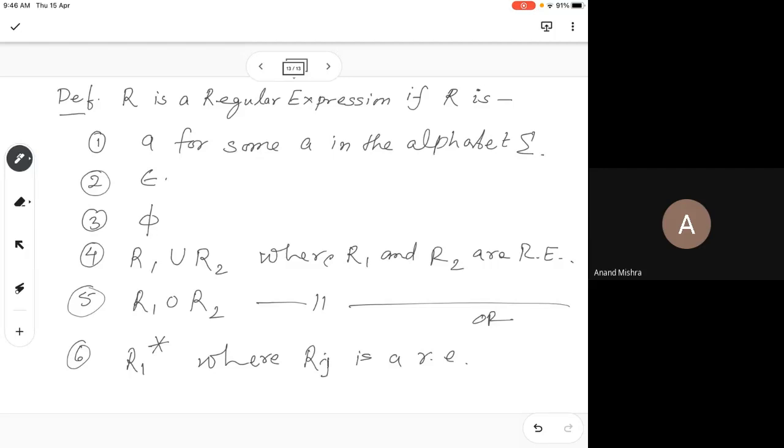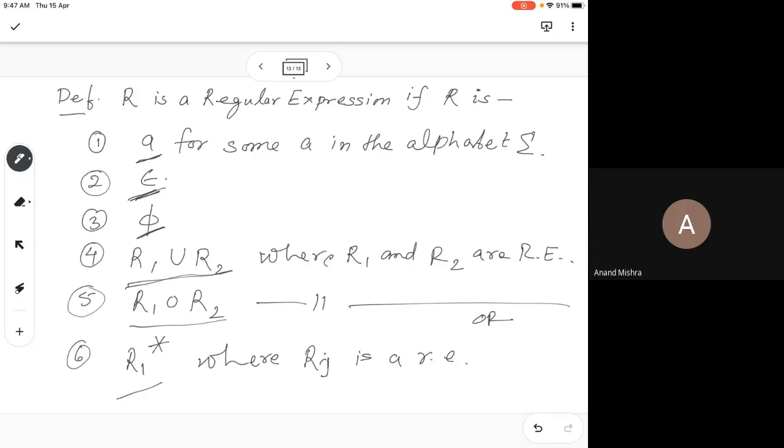Only these things are regular expressions. So it should be either a symbol from the alphabet, it can be null, it can be the empty string, or it can be a union of two regular expressions, a concatenation of two regular expressions, and star operation of a regular expression is a regular expression.